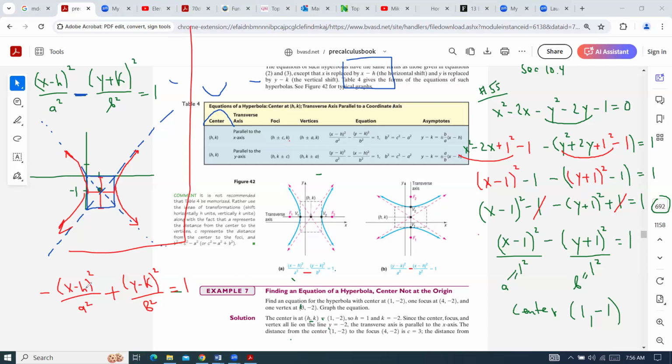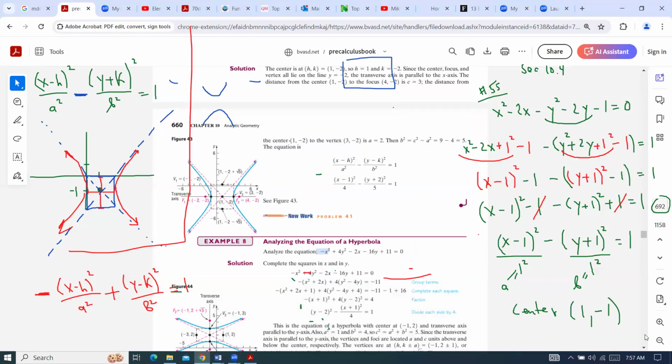I wrote negative in front of x on purpose so you could see that the signs changed. So then y is going to be positive. But of course, you can put the y term in front. That's what they actually do here. Then the hyperbola is on the top and the bottom. That's how it works. And well, I guess top and bottom and left and right is the last thing I want to discuss here in this section.